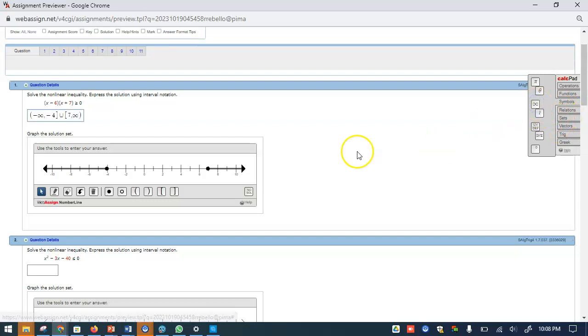To right here, and you're done. And then you submit and you get the answer. I hope this helps. So this is one example I thought of showing that helps.